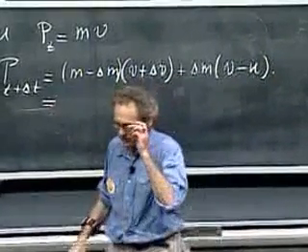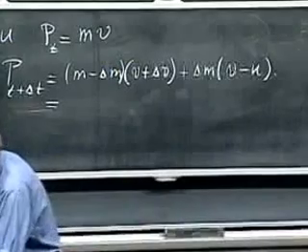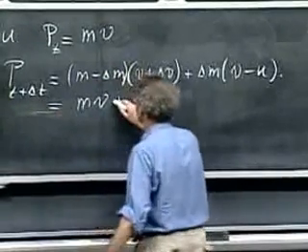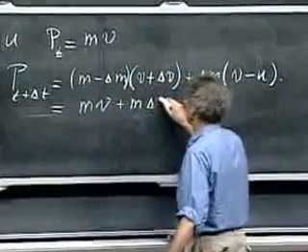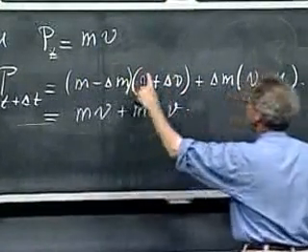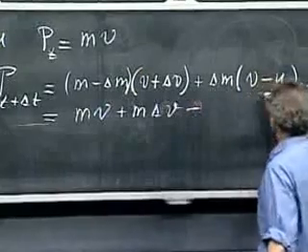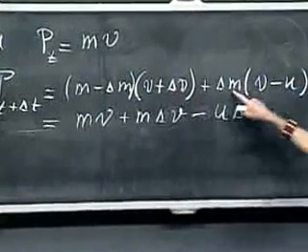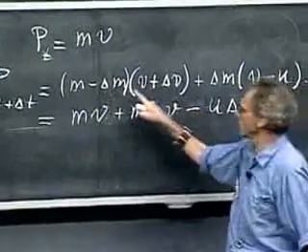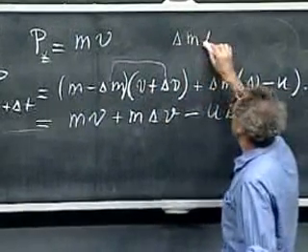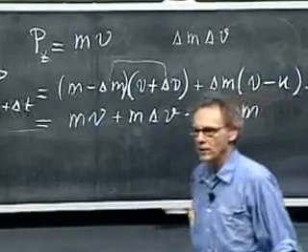And how large is this? Well, there is mv plus m delta v. Here you see the m delta v. Here you see the mv. And then you get minus u delta m. And the delta m v here cancels minus delta m v here. And this term, delta m delta v, is the product of two incredibly small numbers.